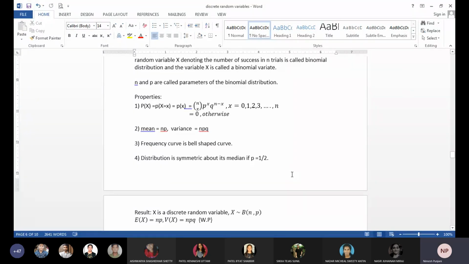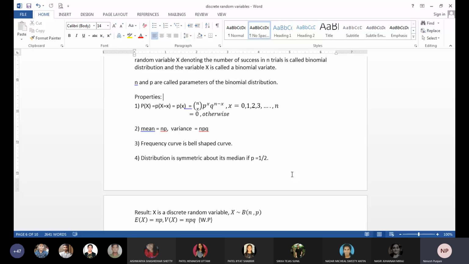Now the properties of your binomial distribution. P of X, that is the probability that capital X equals small x, is given by NCX, P raised to X, Q raised to N minus X, where X is 0, 1, 2, 3 till N. And P of X is 0 otherwise.